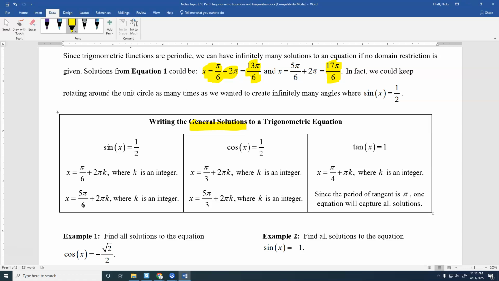So what we do to give that general solution is what we did the other day with our vertical asymptotes. We say 2 pi times k, where k is an integer. And that just tells us we can add or subtract the period however many times we want. So for sine or cosine, you're going to do that. How's it going to be different for tangent?